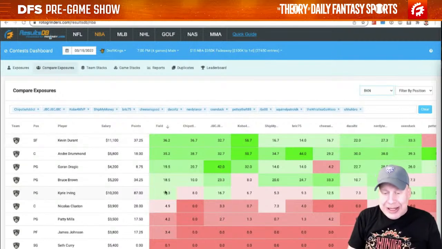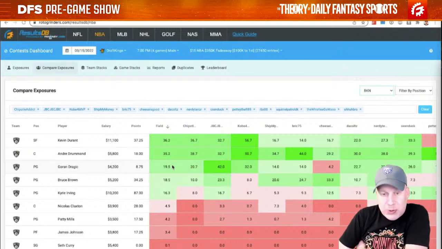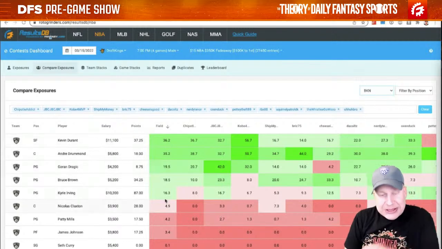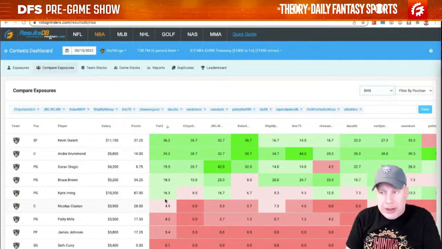Then it's more likely that Kyrie Irving and Kevin Durant's ownership would have been closer to one another. It's more likely that it would have been Kevin Durant 22% owned, Kyrie Irving 20% owned, than 36 and 16. But that's the reason. It's not like people thought Durant would do so much better than Kyrie Irving. It's like, no, just small forward in general was not the strongest position yesterday.